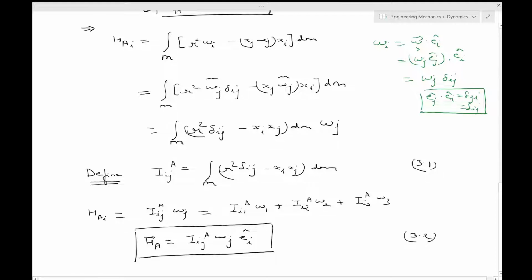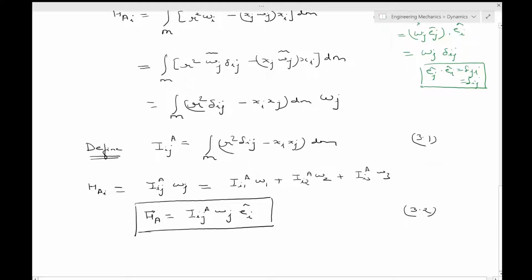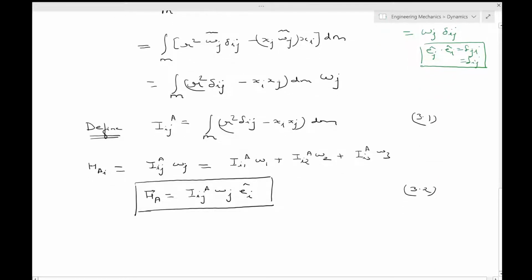Now let me demonstrate how it looks. So first let me write this HA1. This would be equal to I1, I'm just using this one. In place of i I will just substitute 1.